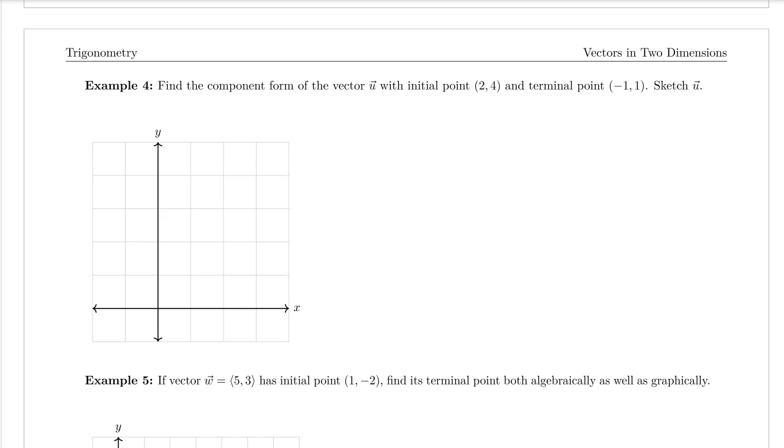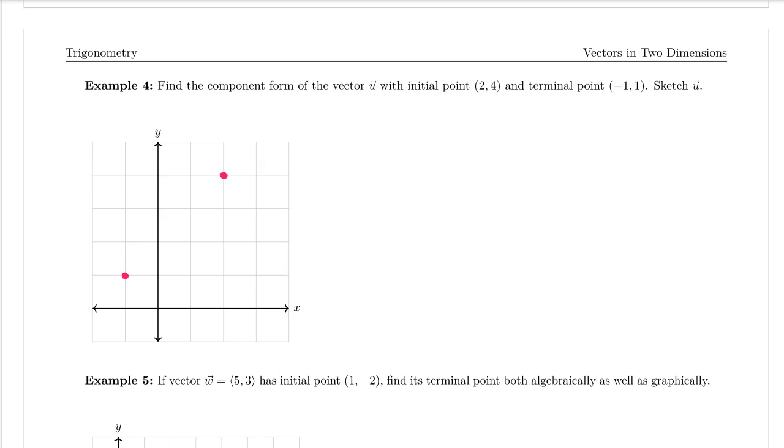Example 4 says, find the component form of the vector u with initial point (2, 4) and terminal point (−1, 1), then sketch vector u. I think it might be easier if we start out with the sketch. So I'm going to plot the point (2, 4), which is right here, and then I will plot the point (−1, 1), which is here.